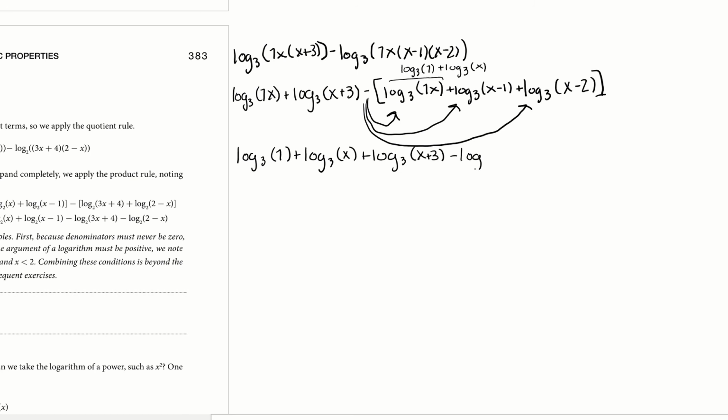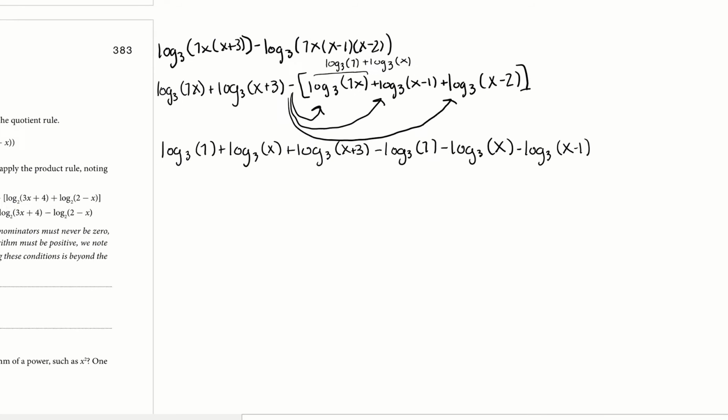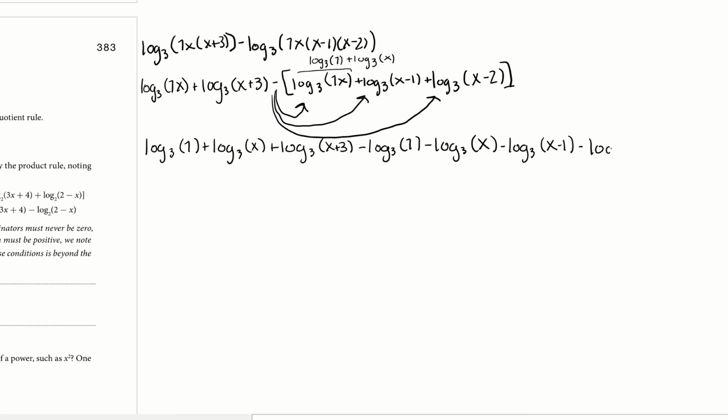So minus log base 3 of 7, minus log base 3 of x, minus log base 3 of x minus 1, minus log base 3 of x minus 2.